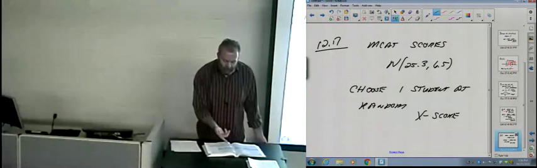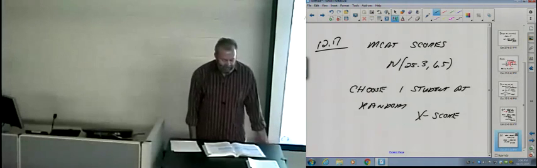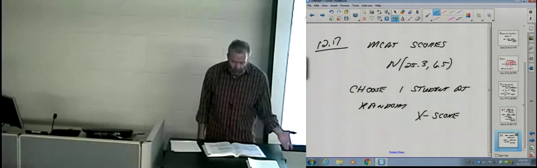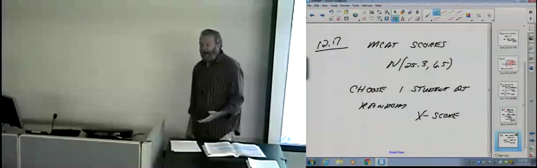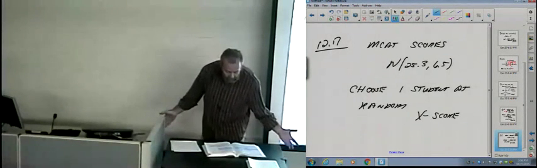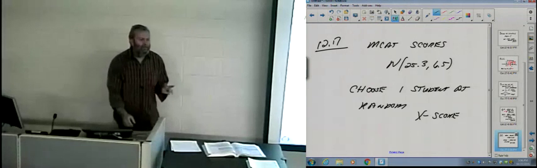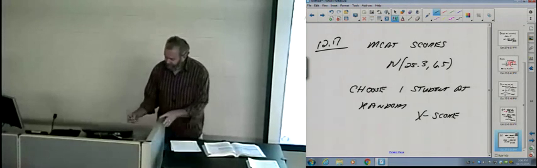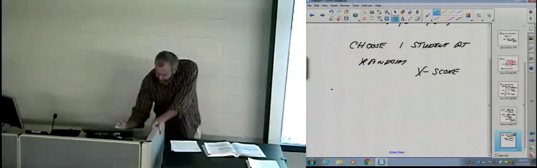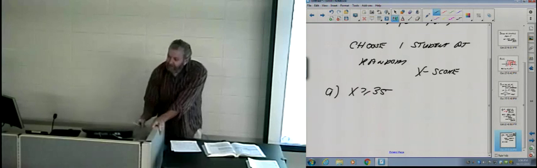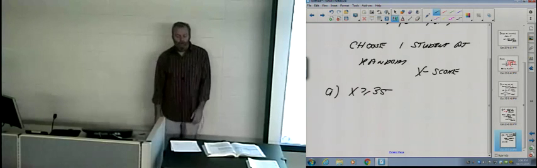And now what we want to know is part A. Write the event that the student chosen has a score of 35 or higher in terms of X. Now, that's nothing new. You did that kind of stuff for homework. What's it mean to be 35 or higher? The score is 35 or higher. That means greater than or equal to 35, right?